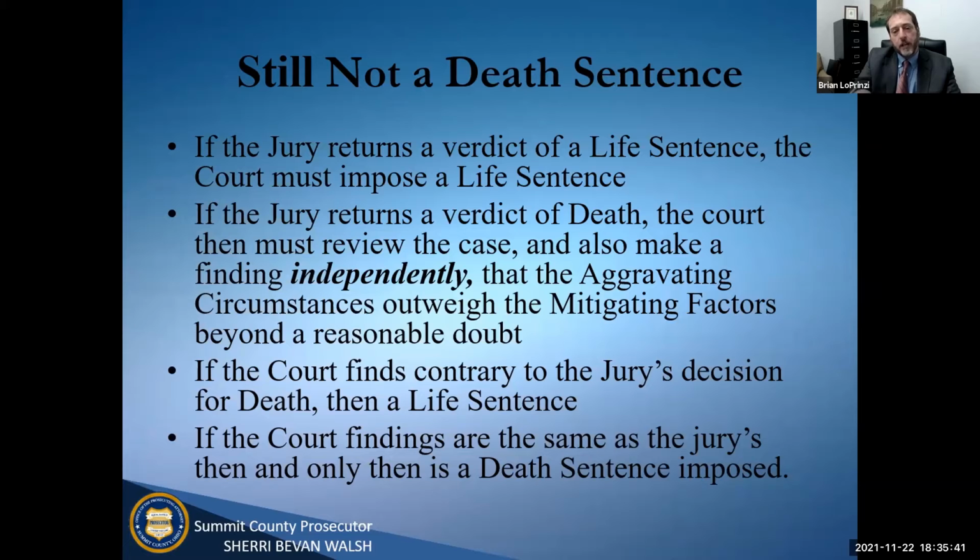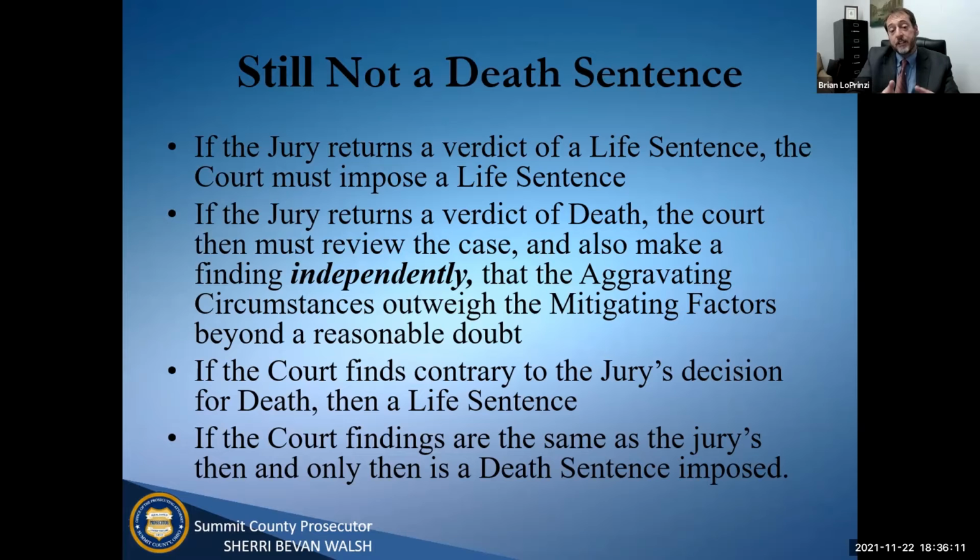Based on the information they received during that mitigation trial, the judge then has to do its own evaluation of aggravating versus mitigating, and they would then write up a decision, a journal opinion rather, and enumerate all the factors for each side. I find these to be aggravating circumstances. I found these to be mitigating factors, but I find that the aggravating outweighs the mitigating, or it doesn't.